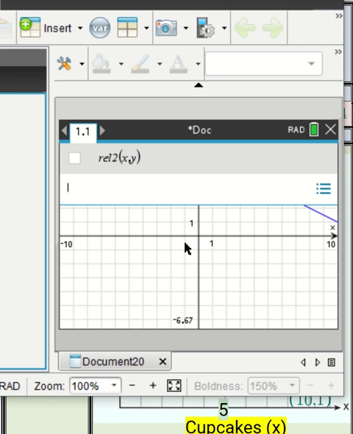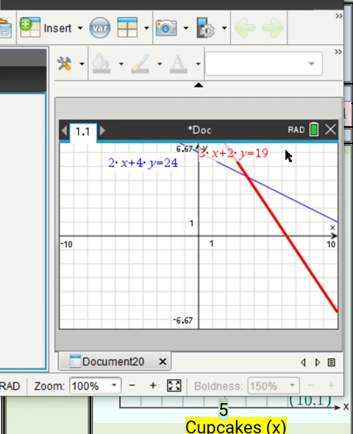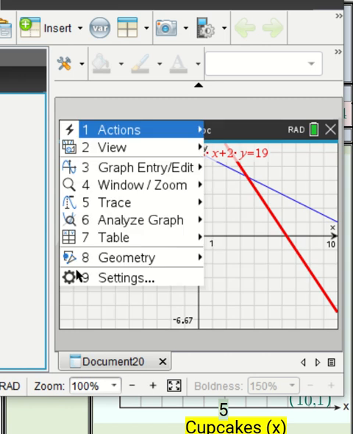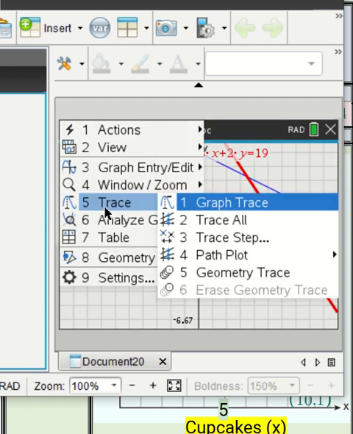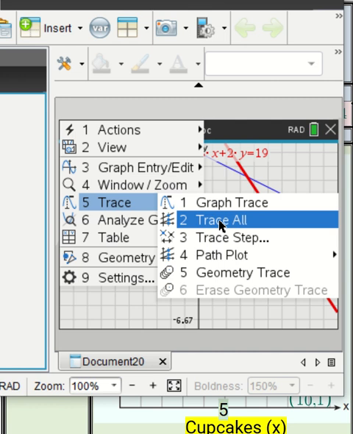So 3x plus 2y equals 19. The key here, when I graph this line, now instead of doing just a graph trace, I want to trace all to graph both lines.